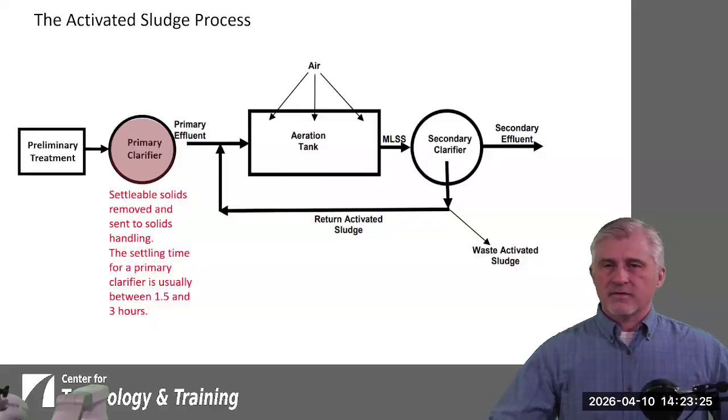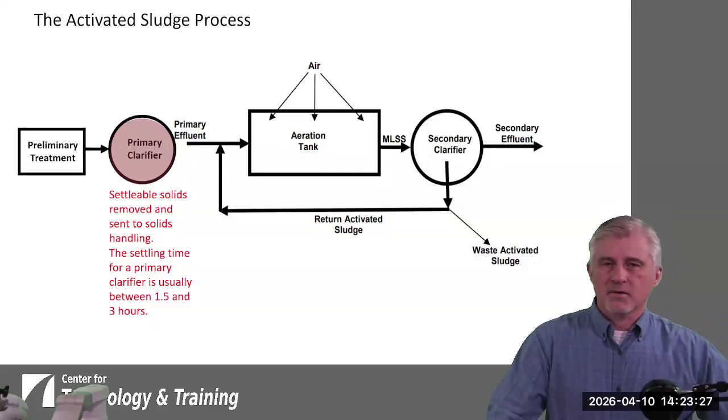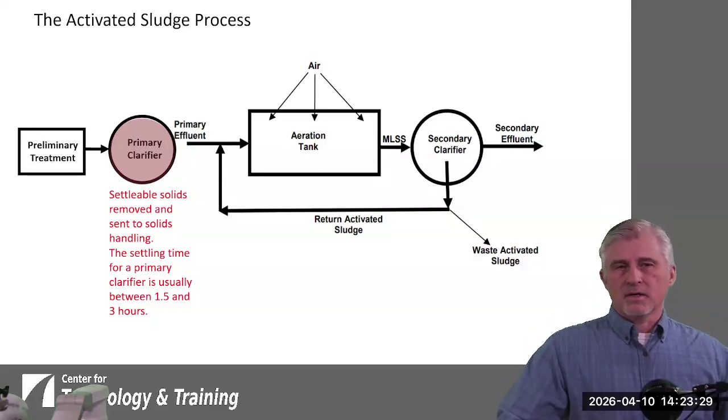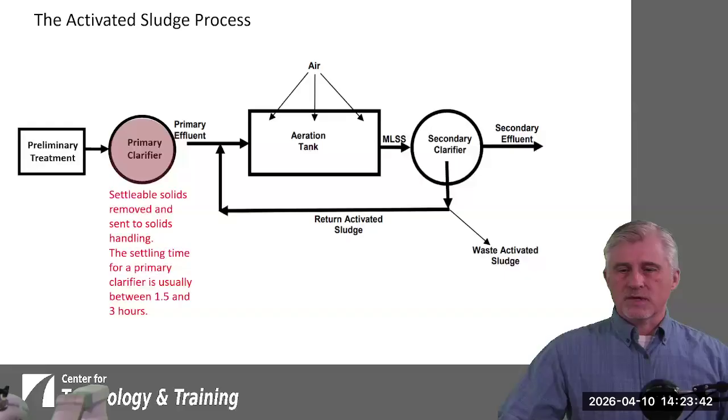We take those off, and we handle those separately. The water that goes on is considered the primary effluent. As we said, the settling time for a primary clarifier is usually between 1.5 hours and 3 hours. The primary effluent goes on.